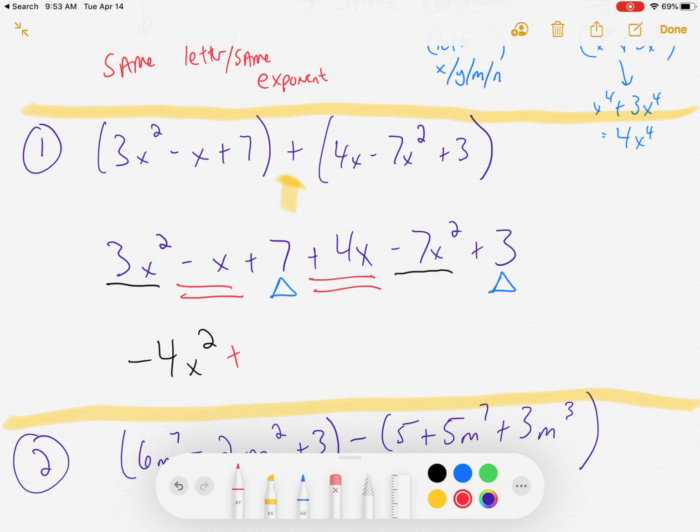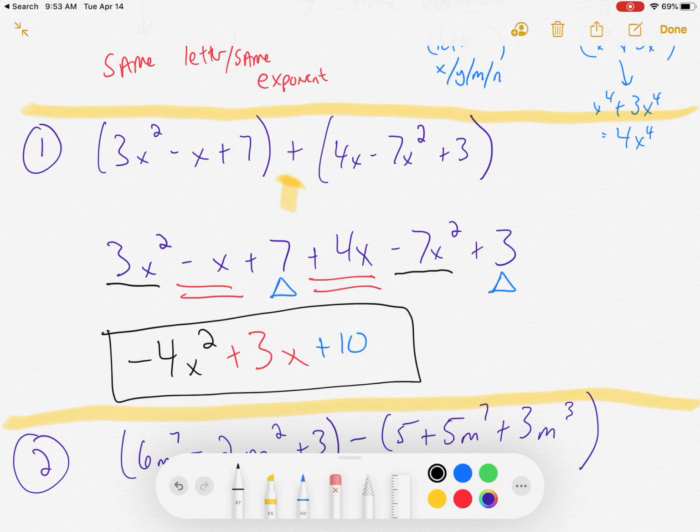Well, negative 1 plus 4 would give you plus 3x. And last but not least, what is 7 plus 3? That would be plus 10. Okay, this would be your final answer then. I combined my like terms and made this into a smaller polynomial. Okay, again, the key here was it was a plus sign, and when you have a plus sign, just ignore the parentheses. Okay, let's scroll on down to number 2 now.